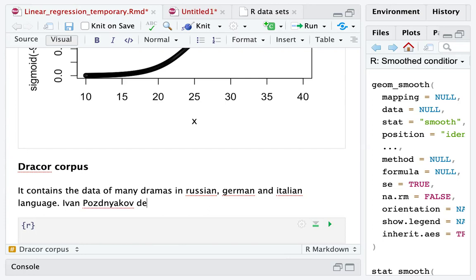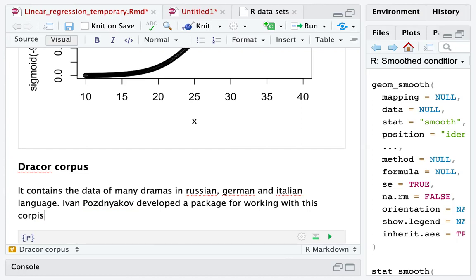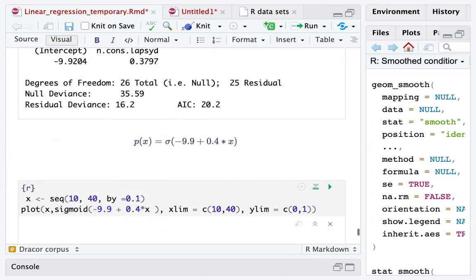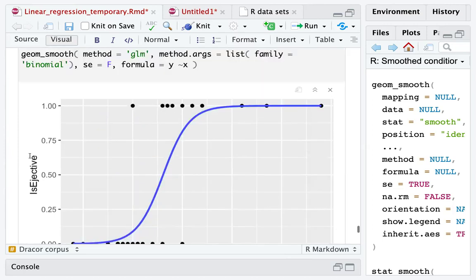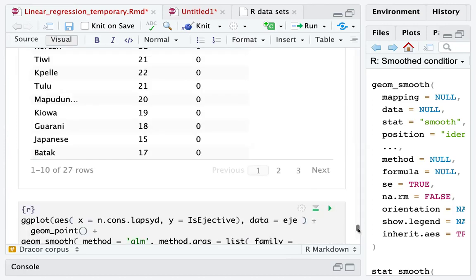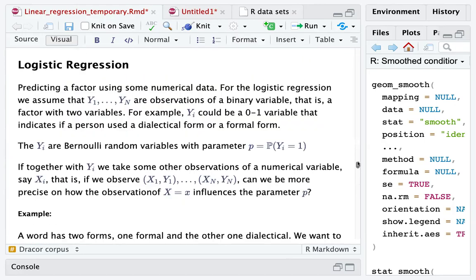Developed, I guess, together with other people, a package to use for working with this corpus. Now let me tell you how you can download it.